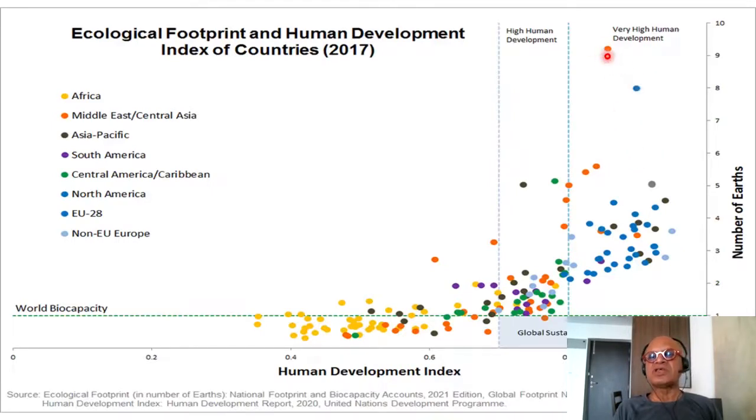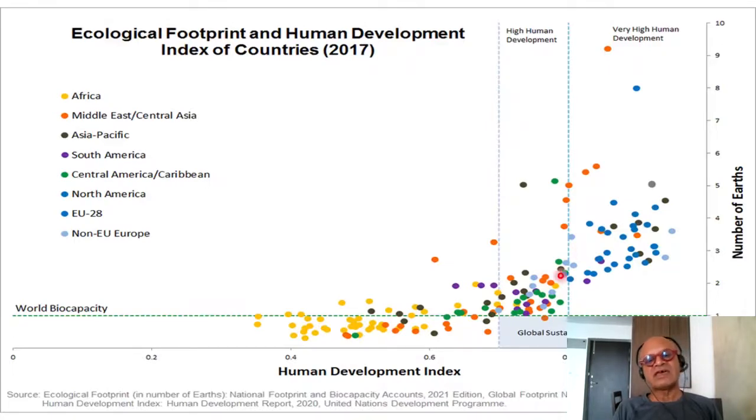So very high human development would need more than 9 Earths. Here is North America, EU28 must be somewhere here, South Africa somewhere here, and here are the African countries, Middle East and Central America, Central Asia and Asia Pacific, and so on and so forth.